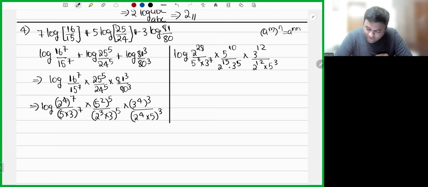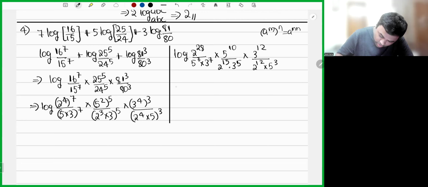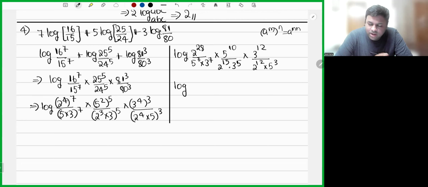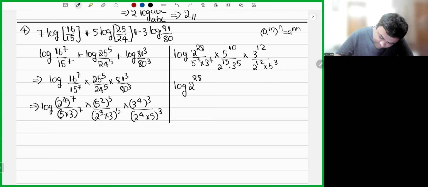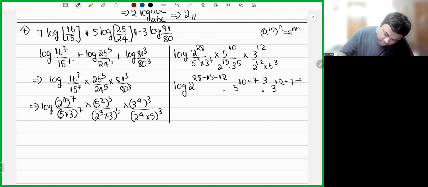Okay, so these are all the values we have. So let's go ahead. We know a power m by a power n is a power m minus n, right? So 2 power 28 minus 15 minus 12, into 5 power 10 minus 7 minus 3, into 3 power 12 minus 7 minus 5.